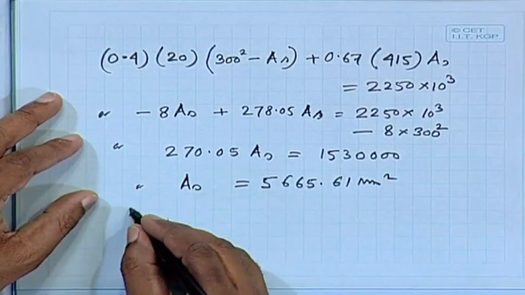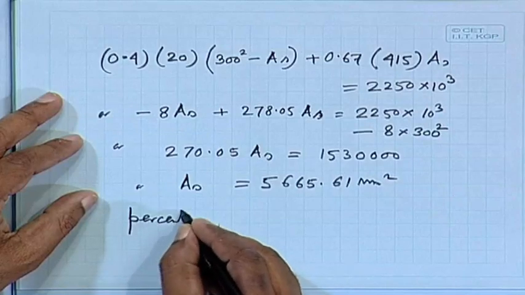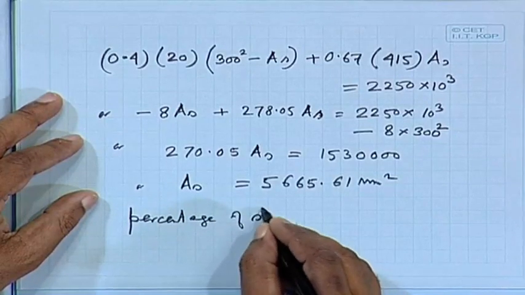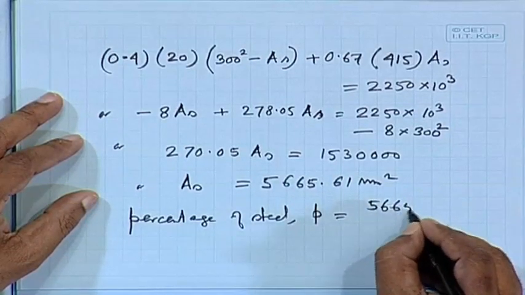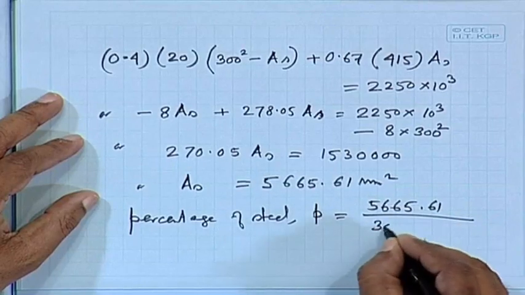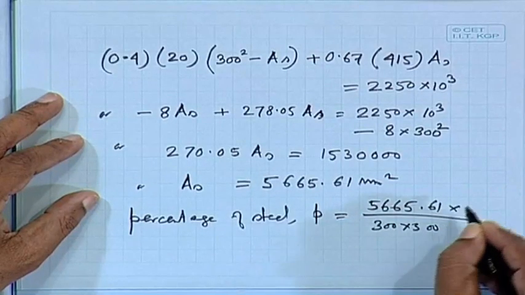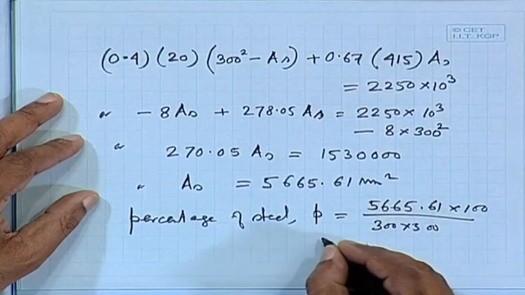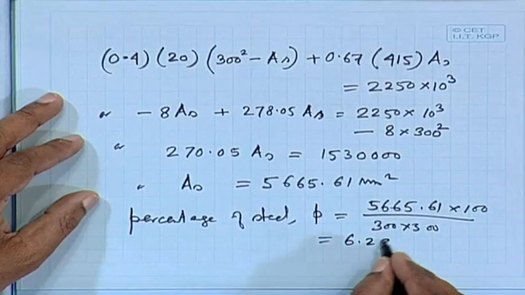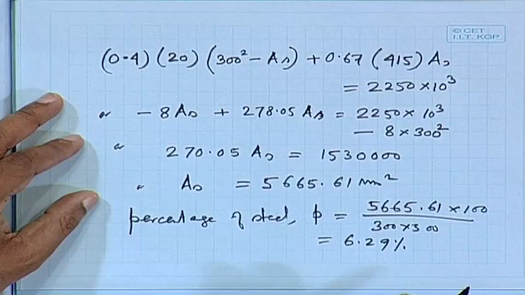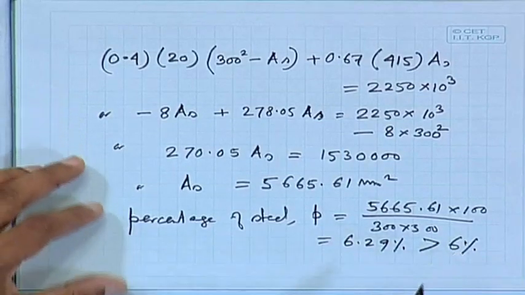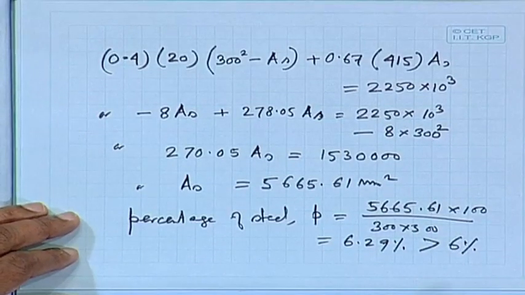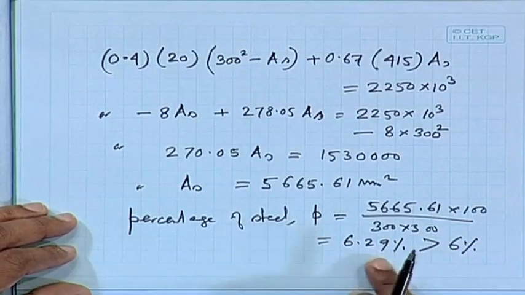What about the percentage of steel p? That we have to check. It equals 5665 divided by 300 into 300, into 100, which comes as 6.29%, greater than 6%. So, we cannot provide this section, because the area of steel is coming greater than 6%.